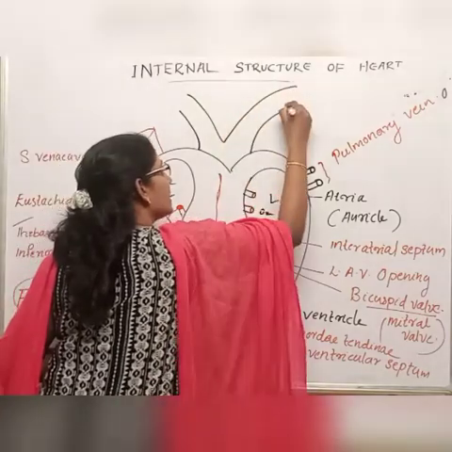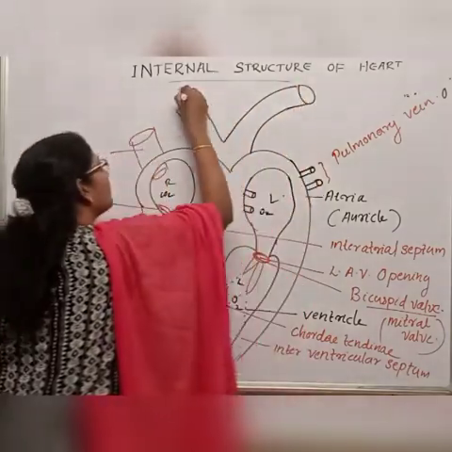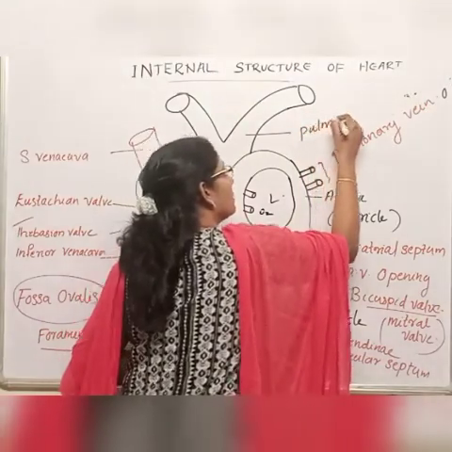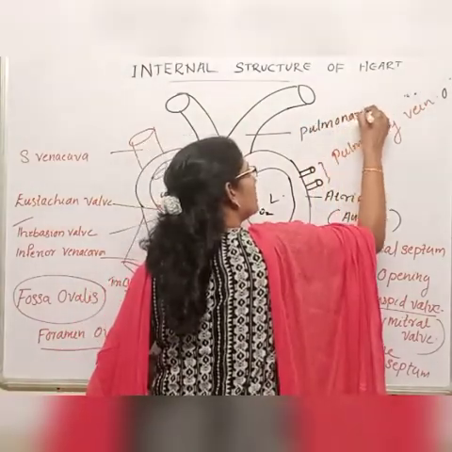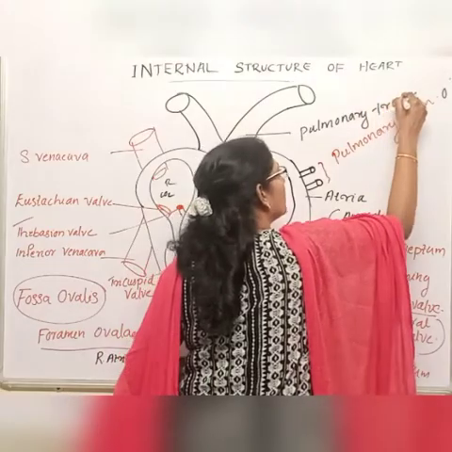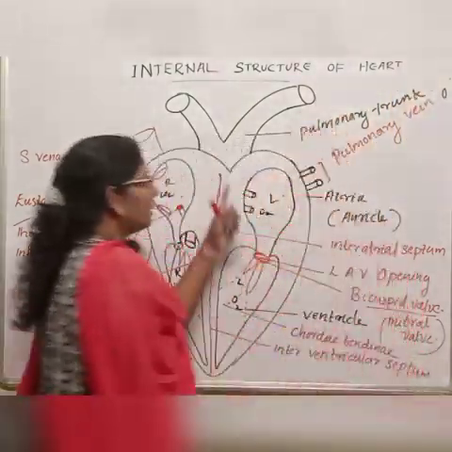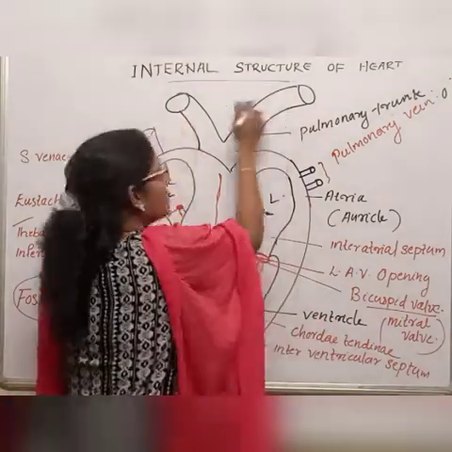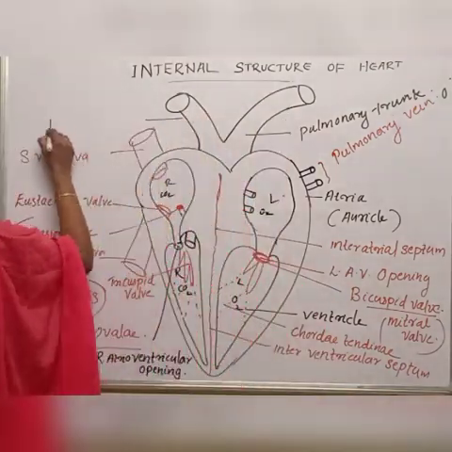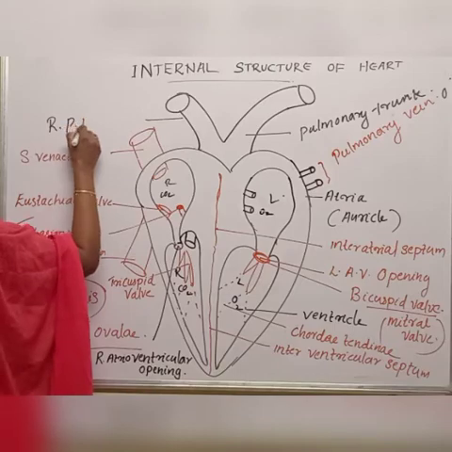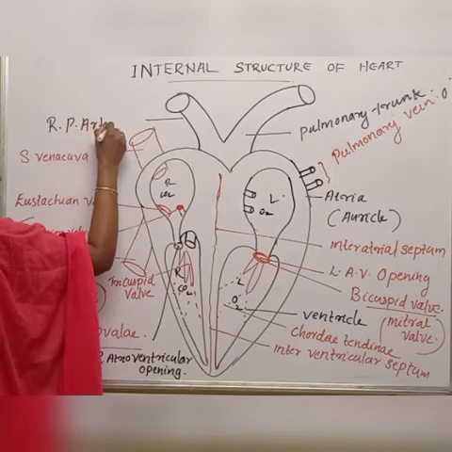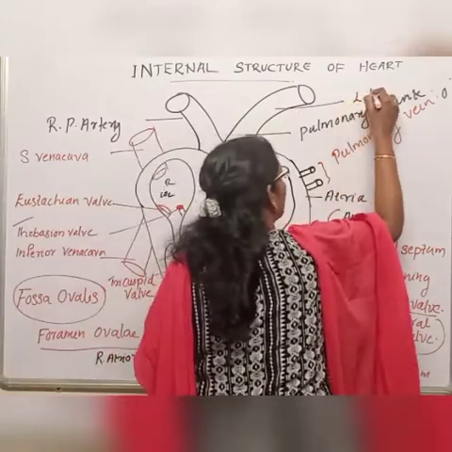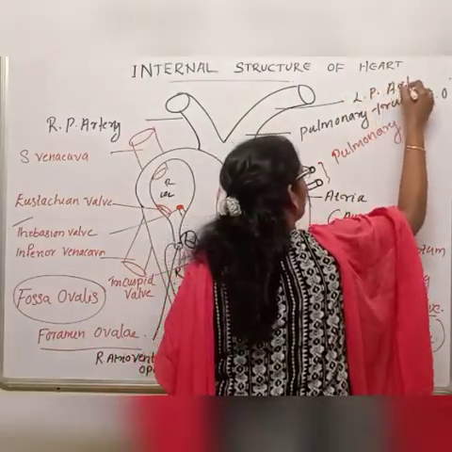Afterwards, this pulmonary trunk divides into two branches. This is the right pulmonary artery, and this one is the left pulmonary artery.